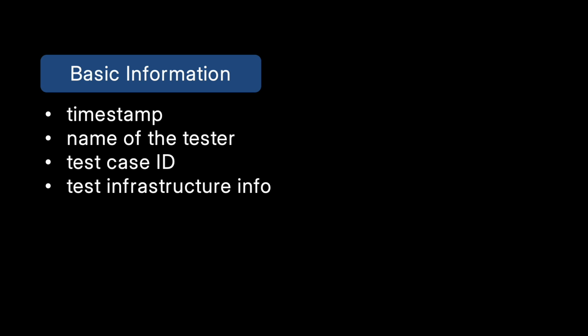And the name of the tester or other relevant people who identified the issue, for further tracking and questions. Then, of course, the test case ID, or at least some context why this scenario was tested, which should also have a link to the requirement. And then all kinds of information about the test infrastructure or the environment.